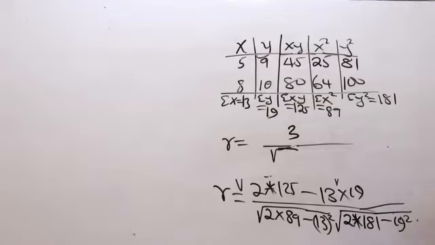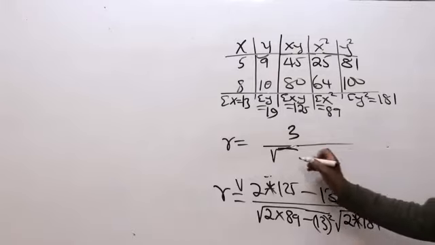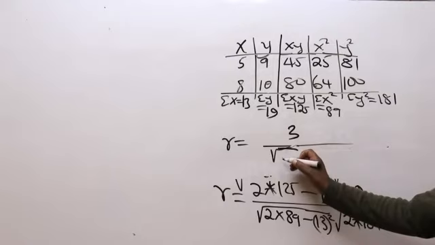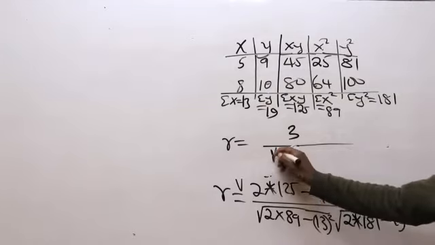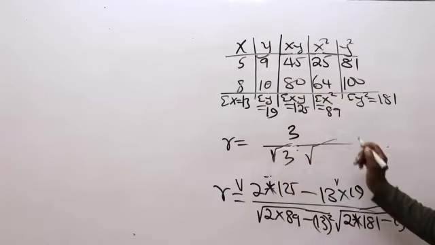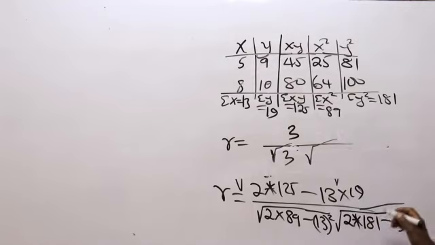Somebody help me out here. What do we have, ladies and gentlemen? People are telling me it's 3. So root of 3. And then we have here root of what? What is 2 times 181 minus 19 squared?